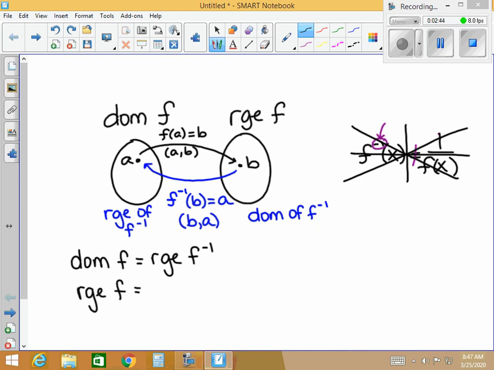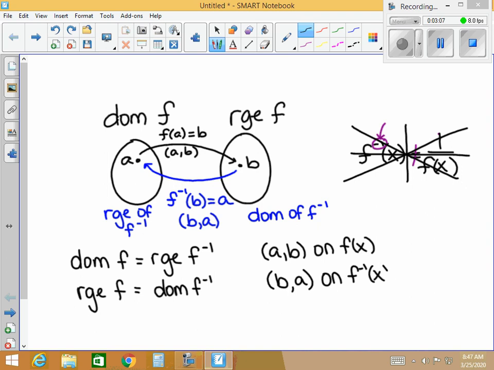The numbers that come out of f are the numbers that go into the inverse. The domain of one is the range of the other. Also, if (a, b) is a point on the graph of f of x, then (b, a) is a point on the graph of the inverse.